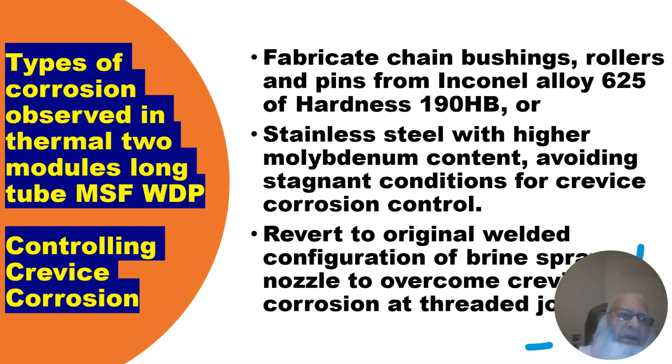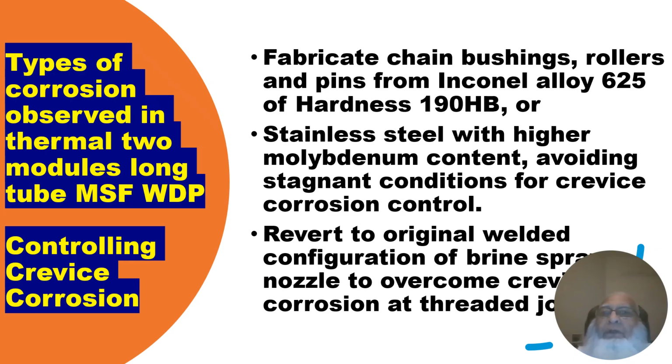This is the last slide of part 2 of the experience observed in water desalination plants corrosion. This slide shows how to control the crevice corrosion in thermal two modules long tube MSF water desalination plant.